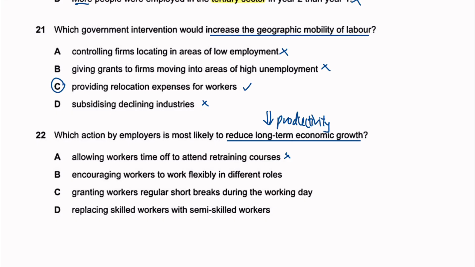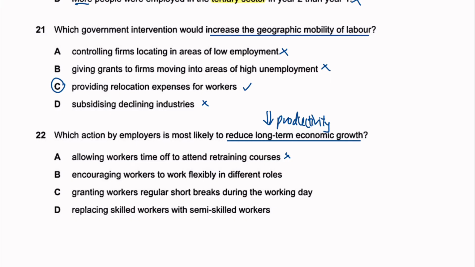B, encouraging workers to work flexibly in different roles. No, because when workers work in different roles, they are able to gain more skills.